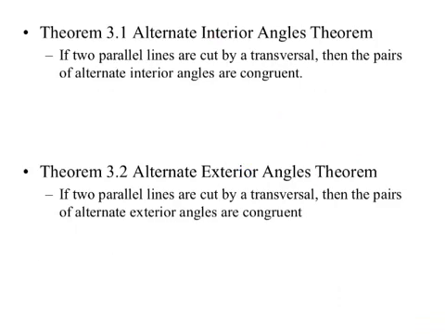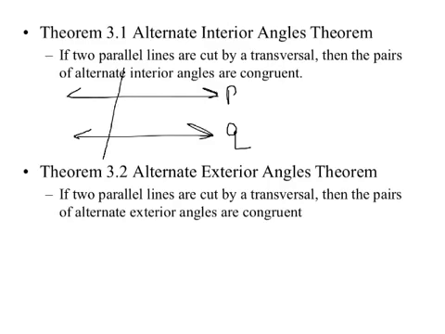All right, some theorems. Theorem 3.1, the alternate interior angles theorem. If two parallel lines are cut by a transversal, then the pairs of alternate interior angles are congruent. Let's draw that. I have P and Q and a transversal.